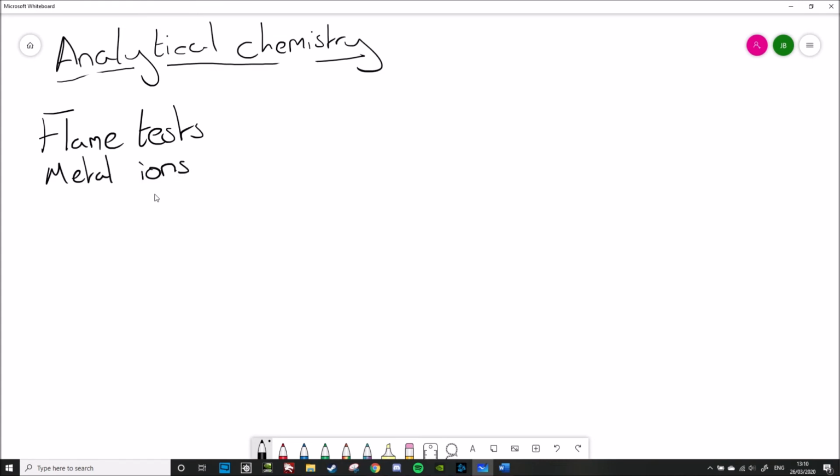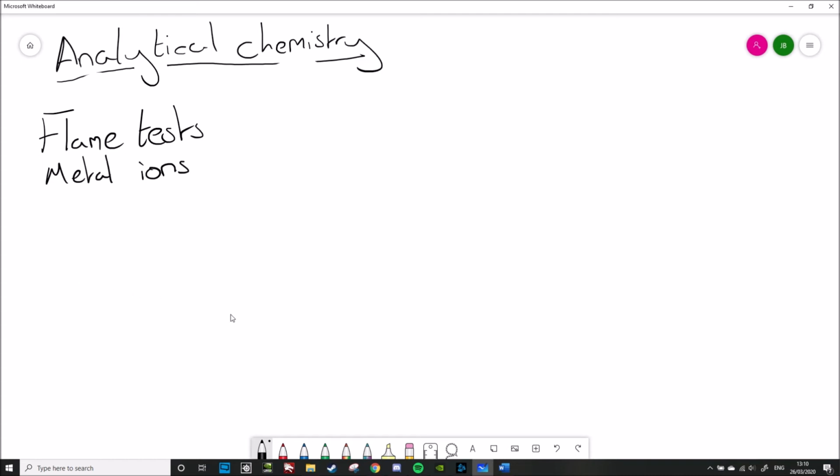And so often they're in solutions in a salt. So we have something like sodium chloride or copper chloride, copper sulfate, and you'll notice this will work. Now what will happen is you will dip the dipstick into some of the solution and you'll pass it through a Bunsen burner. And as you pass it through the Bunsen burner, the flame will change colour.